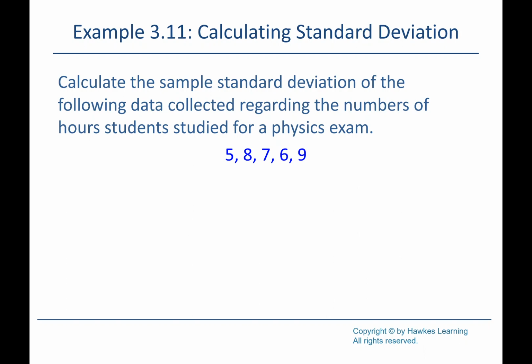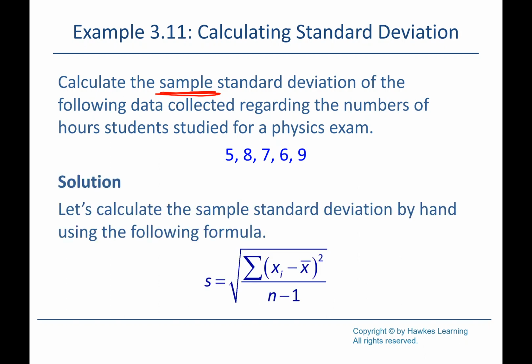That is key, because as your data set grows, calculating standard deviation by hand gets much, much longer. So doing these by hand is only really practical when you have a pretty small data set. If we look at the formula, on this one we're doing the sample version. It tells us these are sample values. So our formula is this last one, the one with the n minus 1 on the bottom.